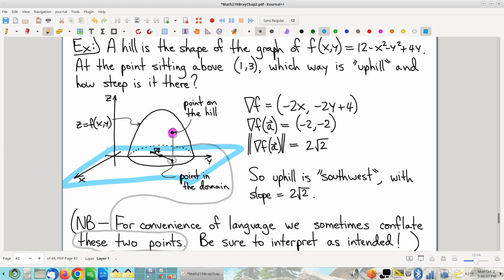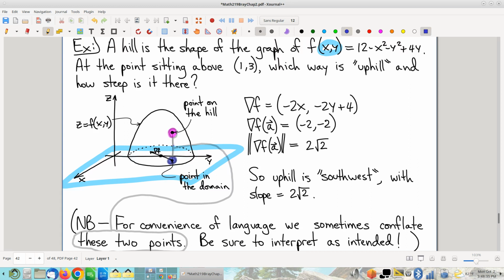Notice those are the inputs to the altitude function here. So I describe my location as a point in the domain, but in reality I'm not in the domain. The domain's two-dimensional. I'm in the three-dimensional world. I have a z-coordinate.